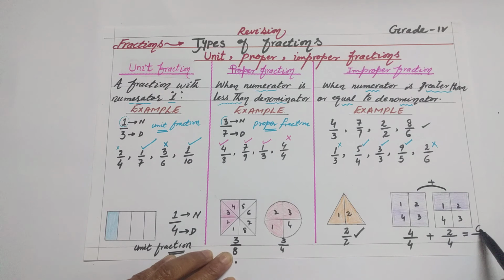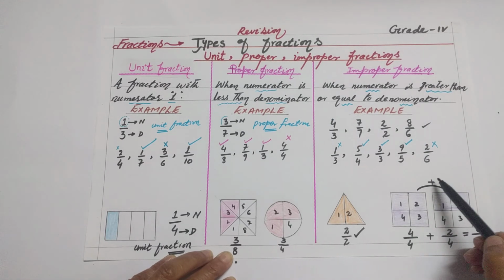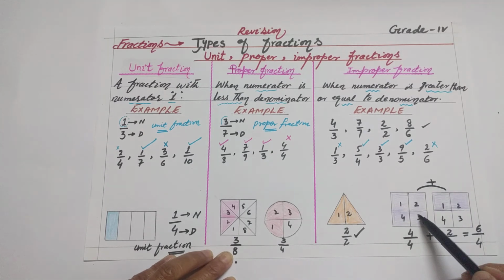I am using 6 total parts, and as the size of the cake is the same and I am dividing the cake into the same equal parts, I will use a common denominator, because in both cakes I have 4 equal parts. That's why the denominator is 4. And from these 2 cakes I am using 6 total parts.